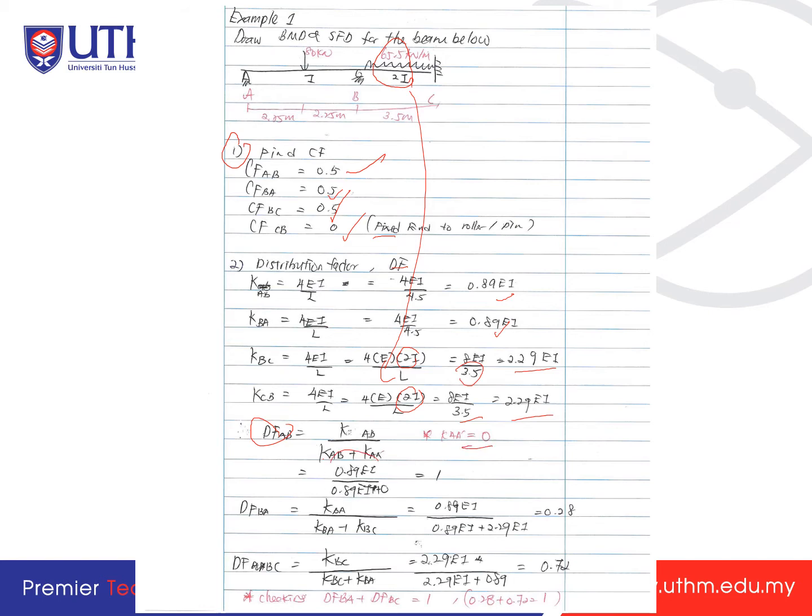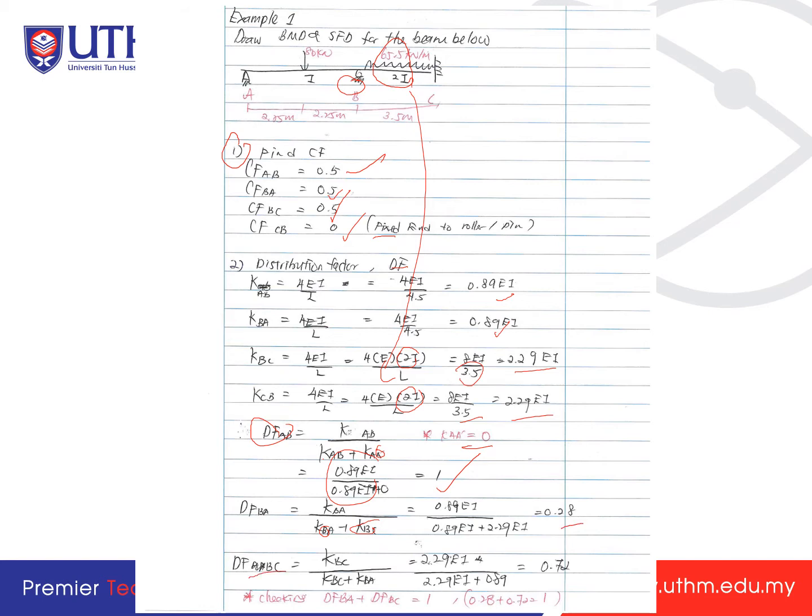After you substitute into it, this one is 0. So KAB over KAB plus 0, you will get 1. And then DF BA is KBA over KBA plus KBC, at here. So it's 0.89 EI over 0.89 EI plus 2.28 EI. So this is 0.28.